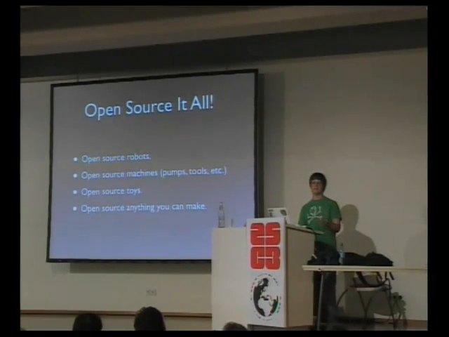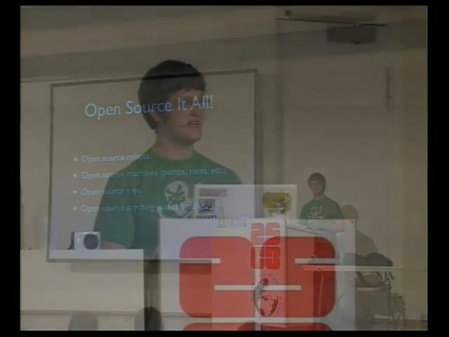So once we get to this point where there's some sort of critical mass of people with common machines that all work in the same way, then we're going to see people designing open source robots, open source machines that do useful things, open source toys, or pretty much anything you can imagine that could be built by one of these machines.